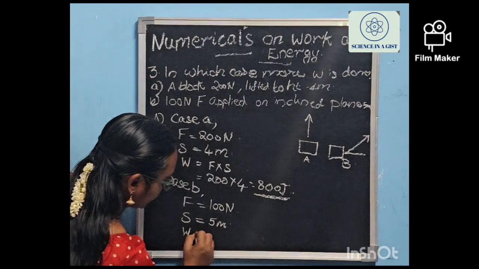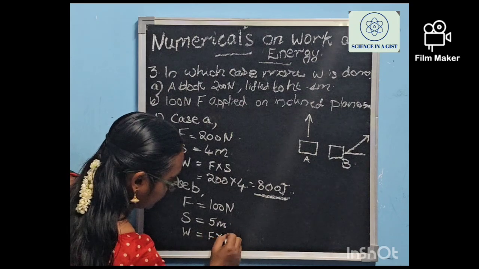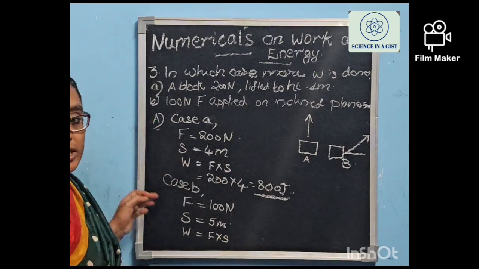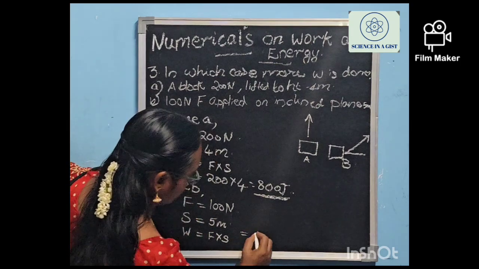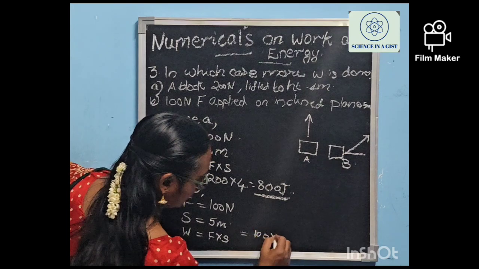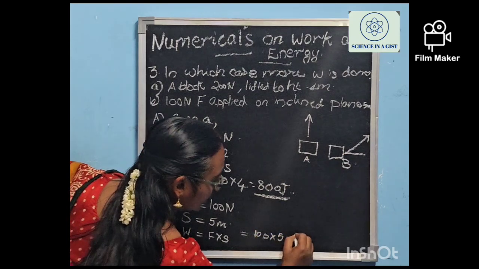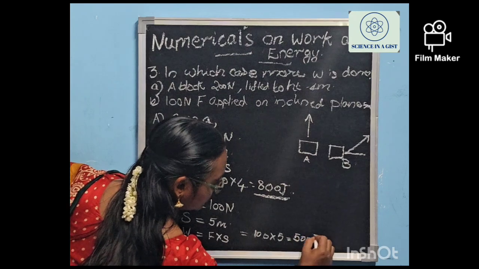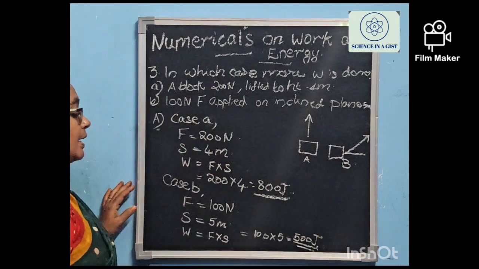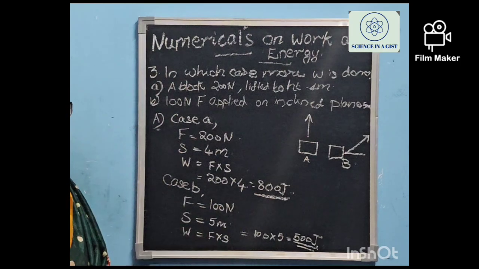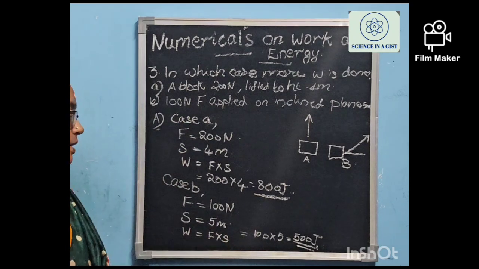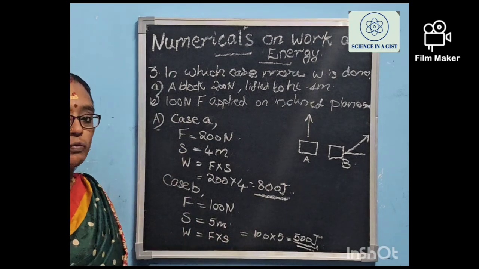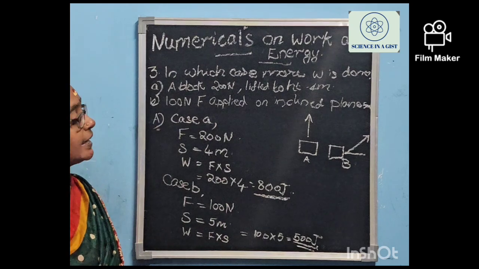W is equal to F into S, F cross S, because they have not mentioned what is the theta value. So that's 100 into 5 is equal to 500 joule. Here it's very clear that more work has to be done while we are lifting straight up, while less work is needed for the same block if we are taking it in an inclined plane.